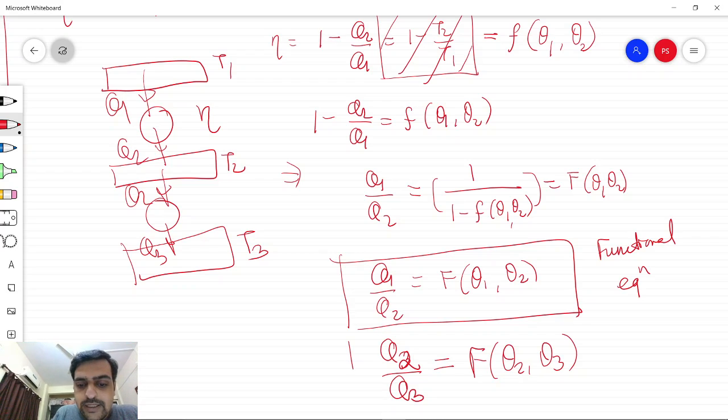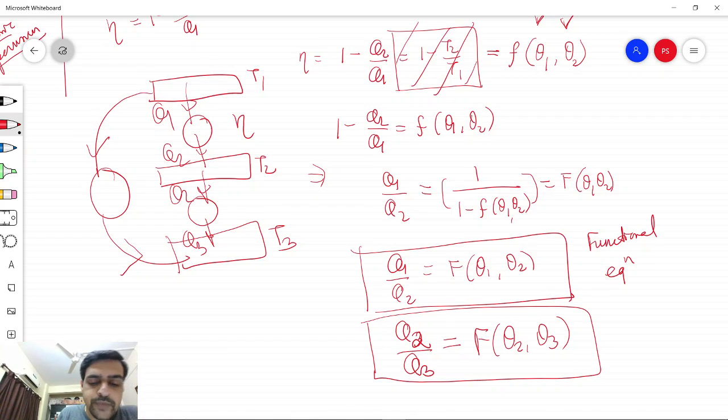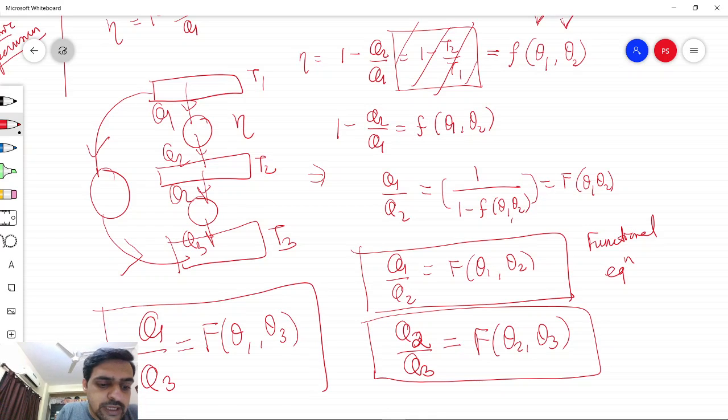Now let us skip the intermediate step and consider another engine working between T1 and T3. For that, we will have Q1 by Q3 equal to F of theta 1 comma theta 3. So these are the three important relations which we have with us.